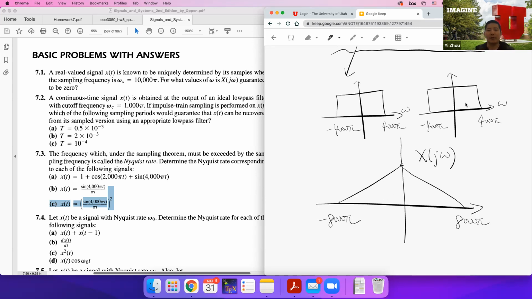As you move this one from left to right, they start to overlap when this is 8,000 pi. They start to touch each other at this point, and at this moment this one is negative 8,000 pi. So this triangle spans over negative 8,000 pi to 8,000 pi.